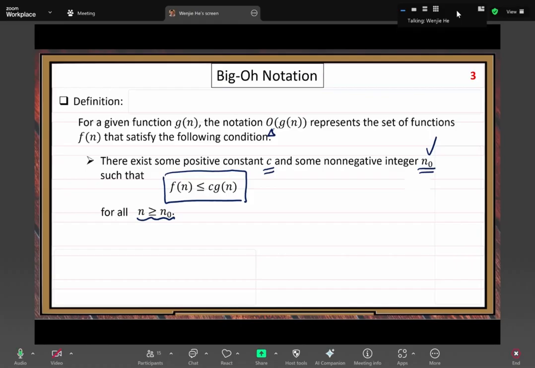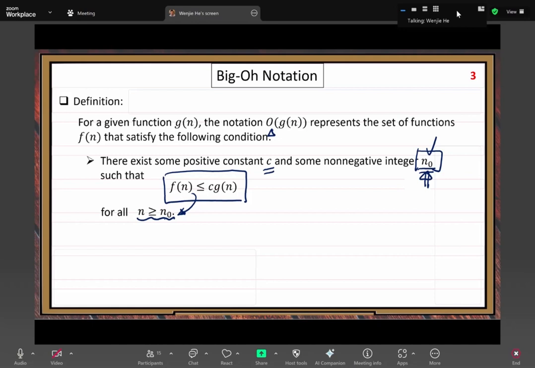After this main condition, there is a small restriction we also need to pay attention to. You have to find some special number, and we only require this inequality to hold when n is greater than or equal to this n naught number.